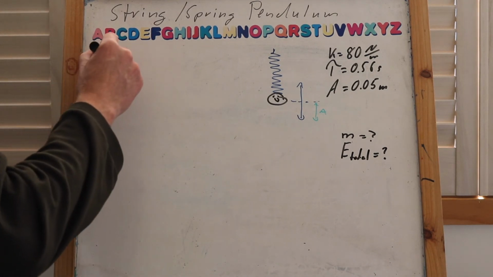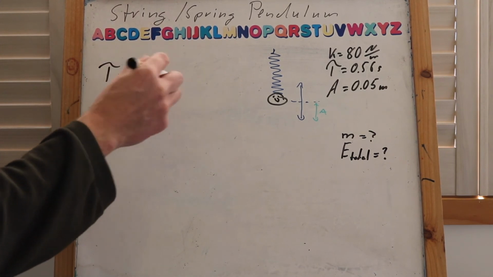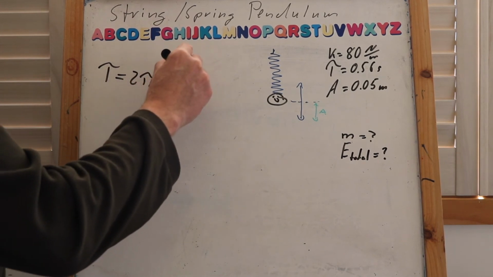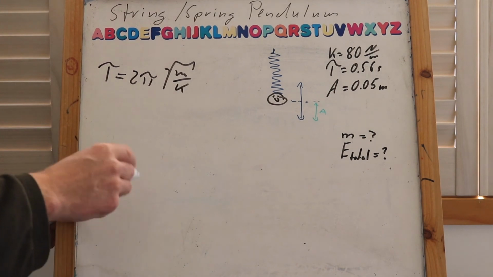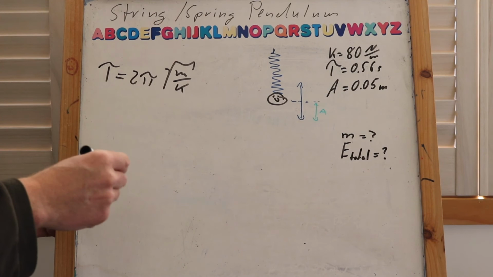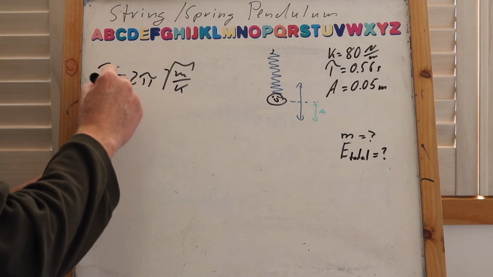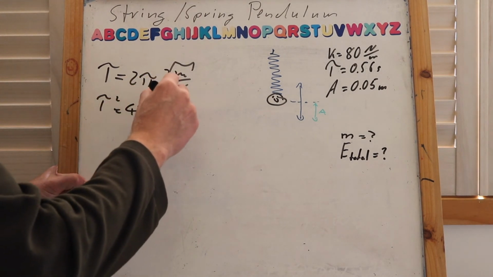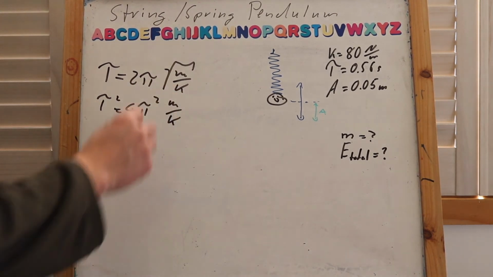Let's start with the mass. Quite obvious, this equation for the time period of a spring pendulum will help us here. T equals 2 pi square root m over k. The only thing we don't know here is the mass, so we can resolve that equation for mass. T squared equals 4 pi squared mass over spring constant.